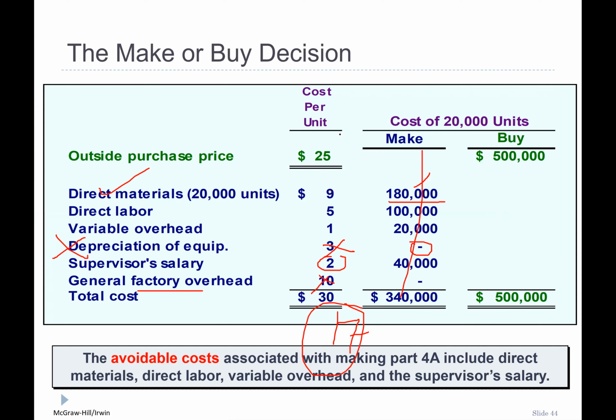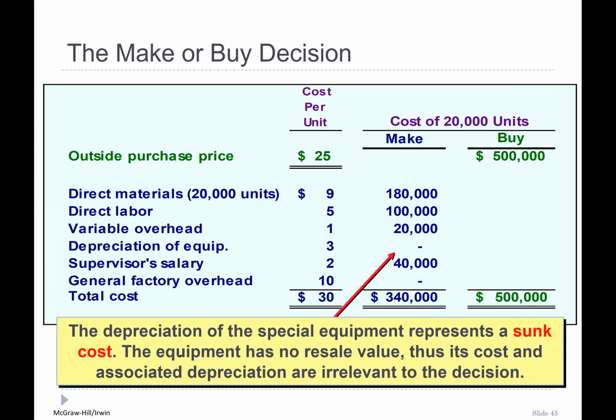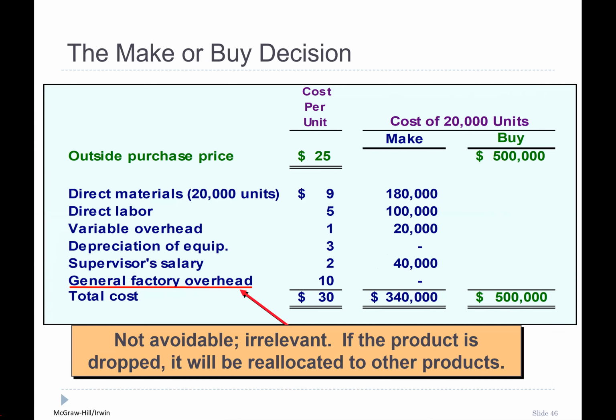An outsider is selling us at 25. So which one is better? Buy from outsider and pay 25 or make at 17? Of course, we prefer to make our own because depreciation is sunk cost plus the general factory overhead is unavoidable.